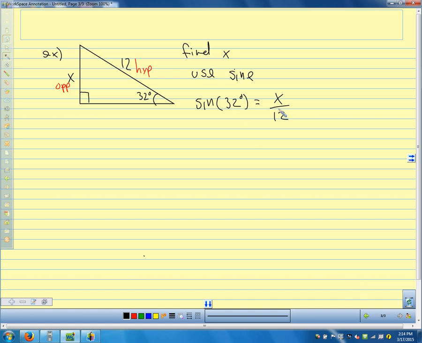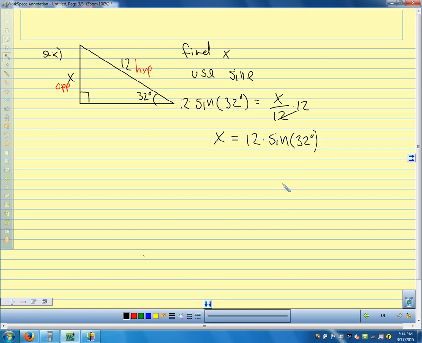And what do we do to get x by itself here? Multiply by 12. Those cancel. So I get x equals 12 times the sine of 32 degrees.